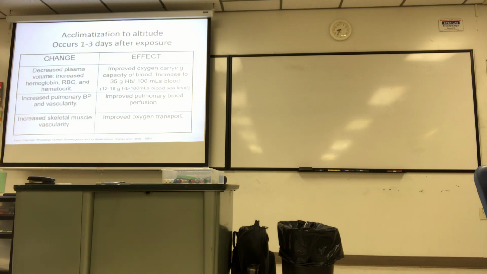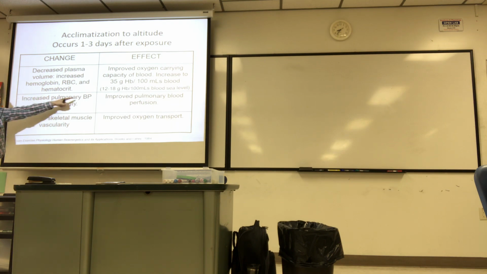But when you do acclimatize after a certain amount of exposure, 1 to 3 days, the changes are all to increase the oxygen carrying content of the blood so you prevent the hypoxia. So for example, decreased plasma volume, that's really a misnomer. What you're doing is you're increasing the proportion of crit. So therefore, by default, you're decreasing the proportion of plasma. Okay.